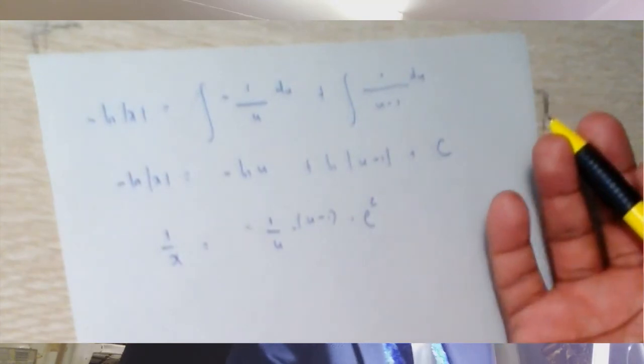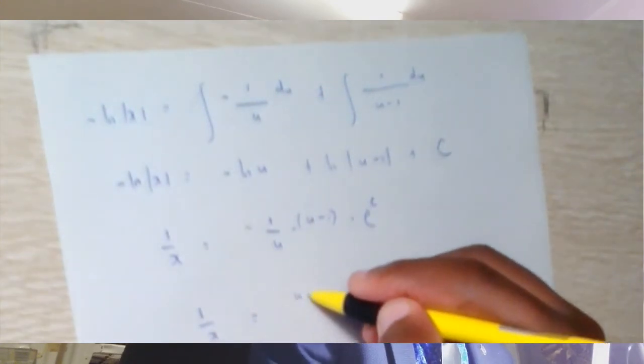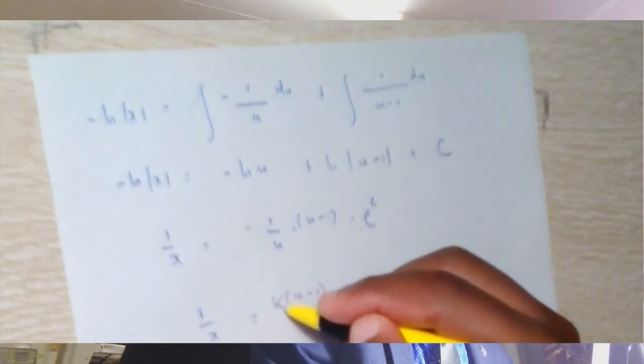So exponent of constant c is just another constant, so I can rewrite it as 1 over x is equal to (u minus 1) divided by u multiplied by k.